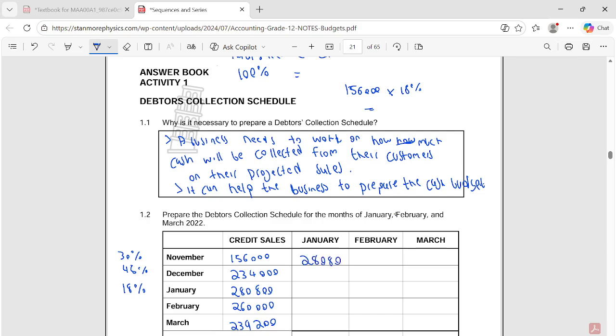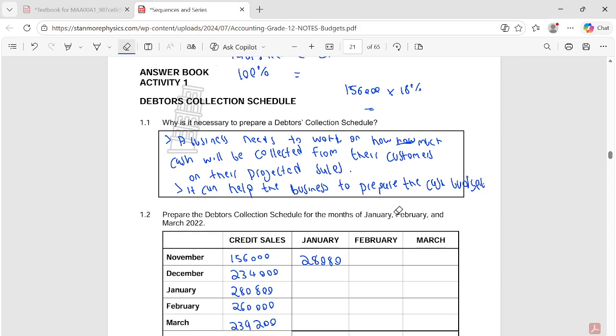Okay, now we're going to December, right? Now for December we're repeating the same process over and over again, right? Let me erase here. Why is it not erasing? Okay, let me just leave it. Okay, now we're going to December, right? So we're saying that, okay, 30% in the month of December, right?